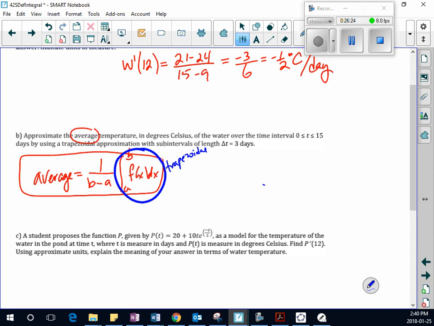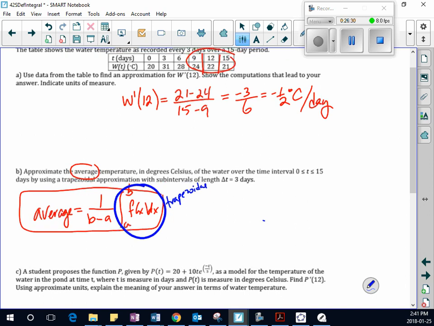So let's do the trapezoidal first. All right, so we're going to say area is equal to 1/2. All the widths are the same, so we can pull out the 3.